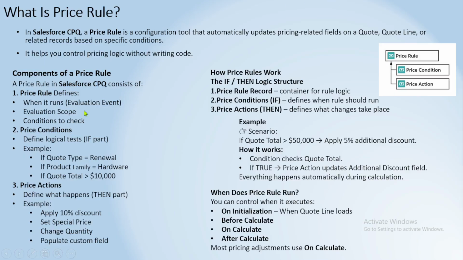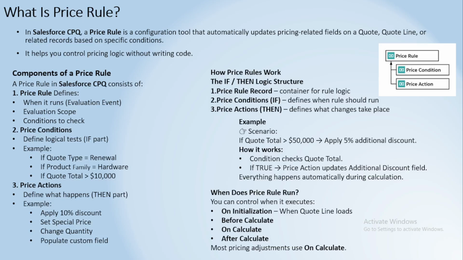So here, the price rule defines when it runs, means what is the evaluation event, then evaluation scope. Evaluation scope means on calculate, before calculate, on initialization or after calculate. You can set that evaluation scope, and then the conditions to check, if there is any filter criteria. Now, price condition. Price condition is a logical if part where you can give the conditions.